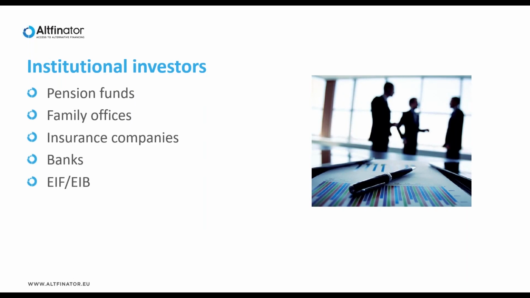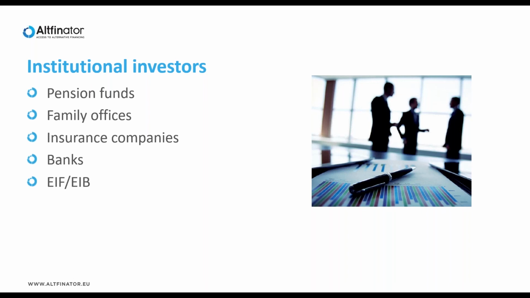So we've had the private investors and the government, and in the end, quickly, I want to look into the institutional investors. If you talk about institutional investors, these are quite diverse. These can be pension funds, with billions of euros available, but also family offices investing in the name of specific wealthy families or groups of families most of the time.